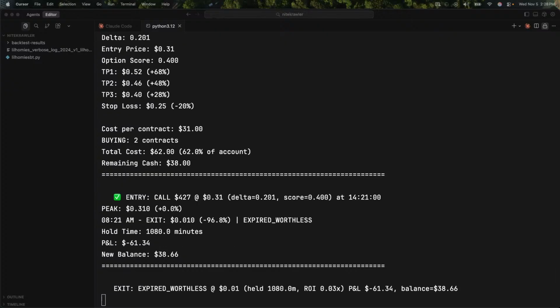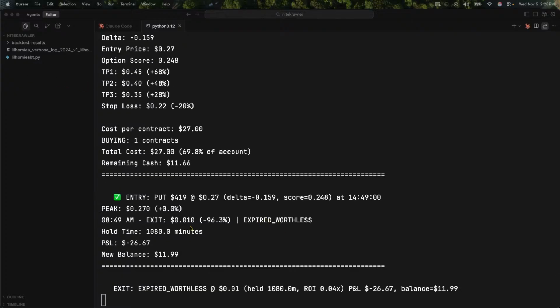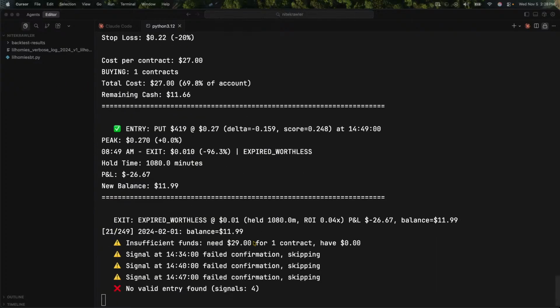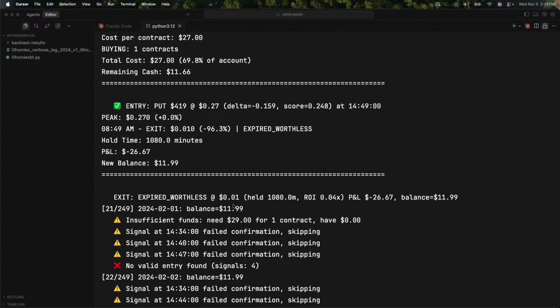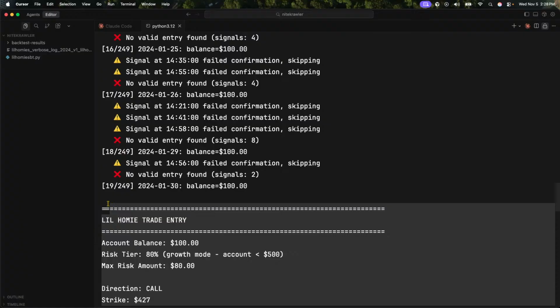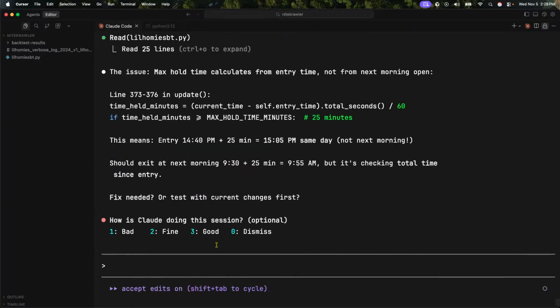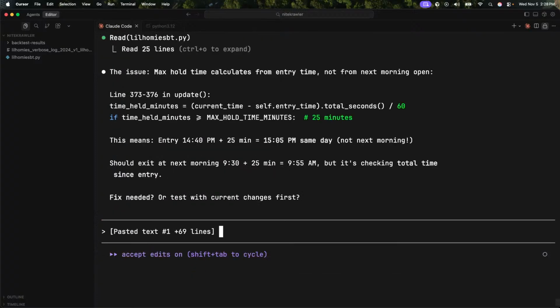Okay. We still are expired worthless. So both of these are still expiring worthless. Okay, this doesn't make sense. Review and seems as if still expiring worthless.